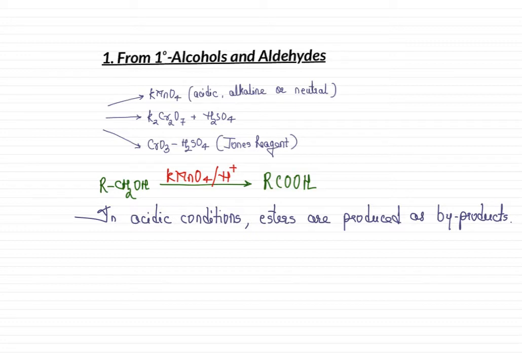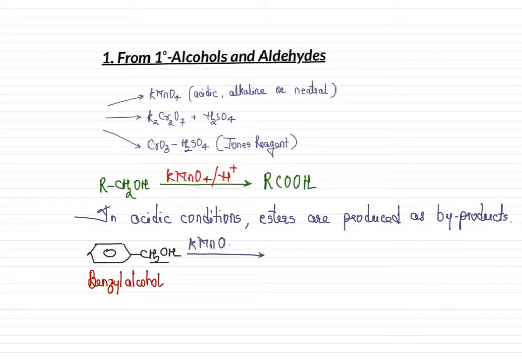Now, when you perform such reactions in alkaline or neutral conditions, maybe we can take up something like this. This is like benzyl alcohol. And this benzyl alcohol, when treated with KMnO4 in alkaline conditions, you could probably get COO minus and K plus.